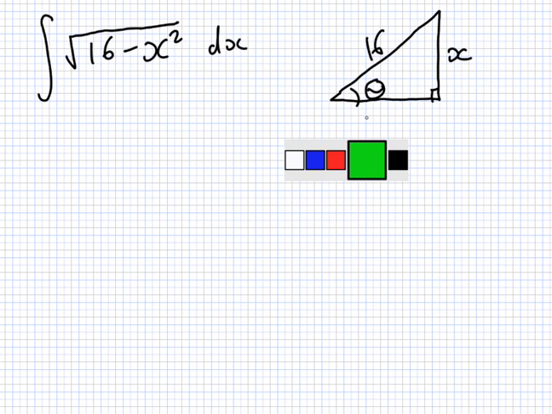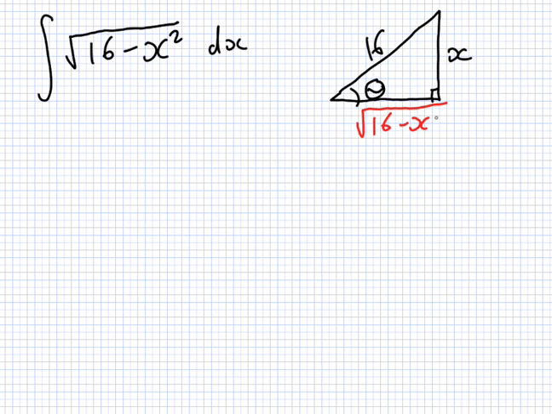And you see, if I do that, then this side here at the bottom, from Pythagoras, would be the square root of 16 minus x squared.